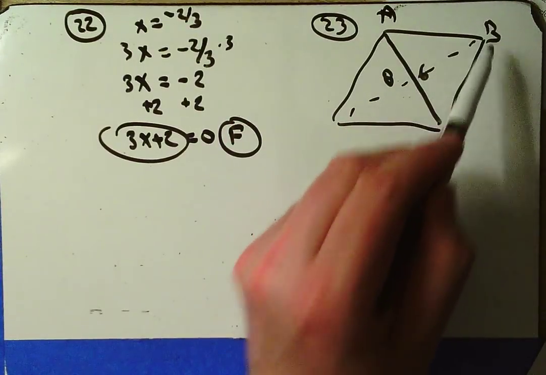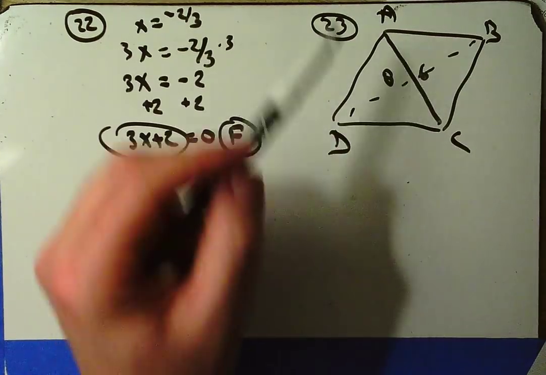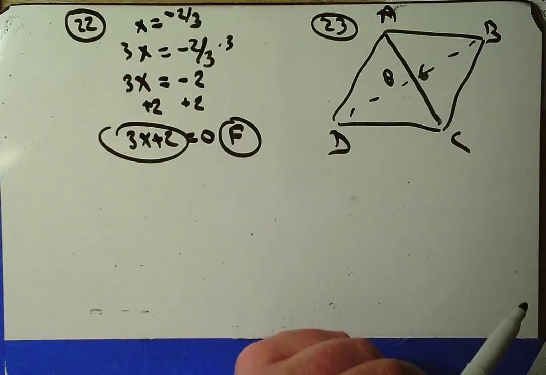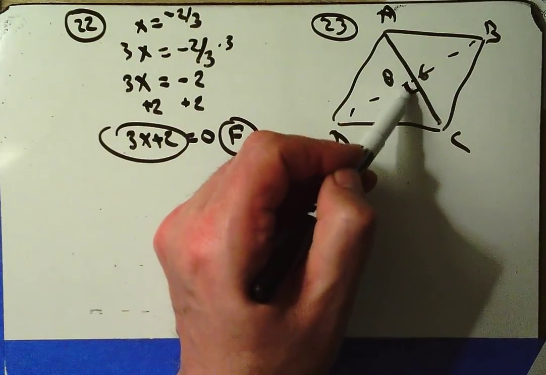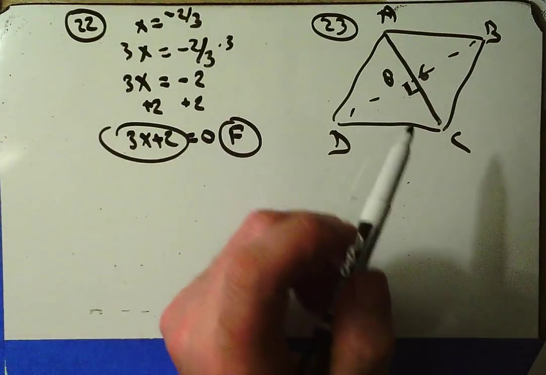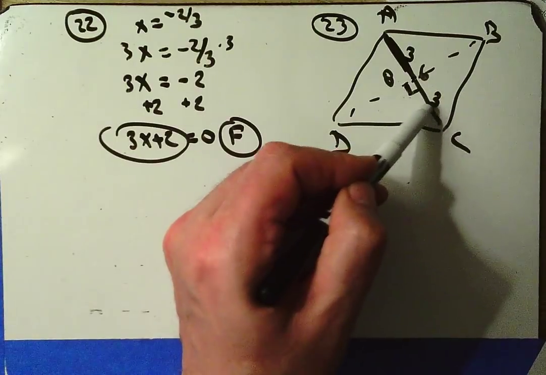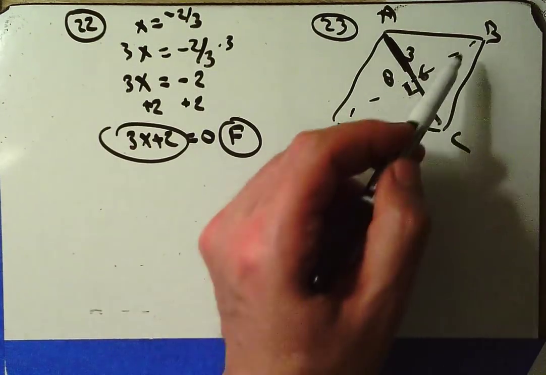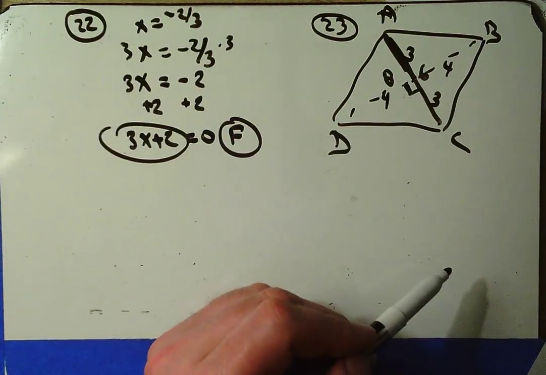A, B, C, D. BD is 8, AC is 6. Now, you should recall two things about the diagonals of a rhombus. First, they're perpendicular. Second, they bisect each other. So this piece is 3, and this is 3. And this diagonal is 8, but it's being bisected by this diagonal, so this is 4 and 4.